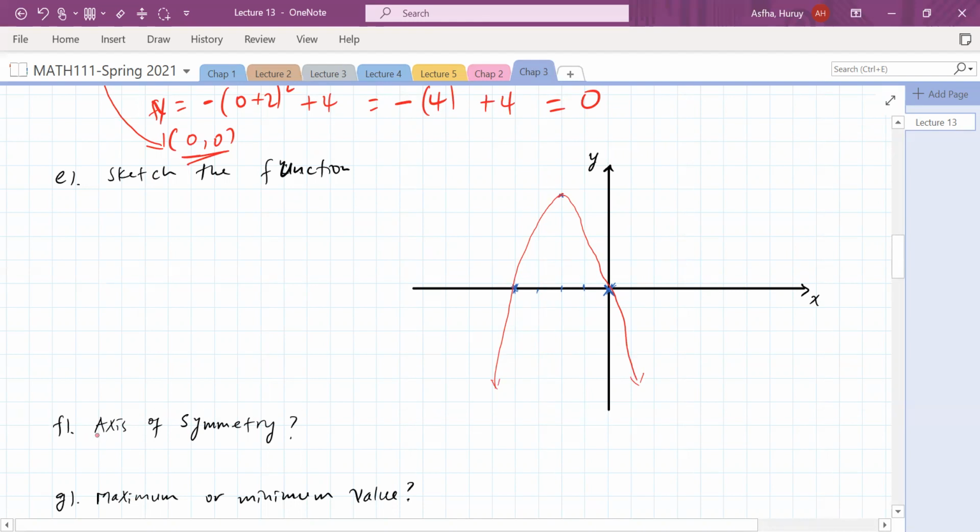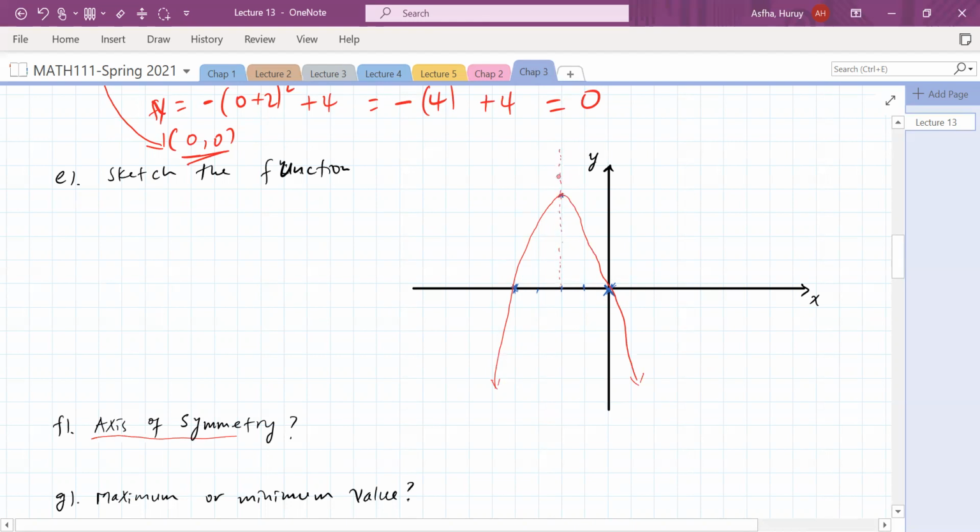Okay. So can we find the axis of symmetry? Well, here the graph is not symmetric with respect to the x-axis, it's not symmetric with respect to the y-axis, and it's not symmetric with respect to the origin. But there is one symmetry, and that is this line.